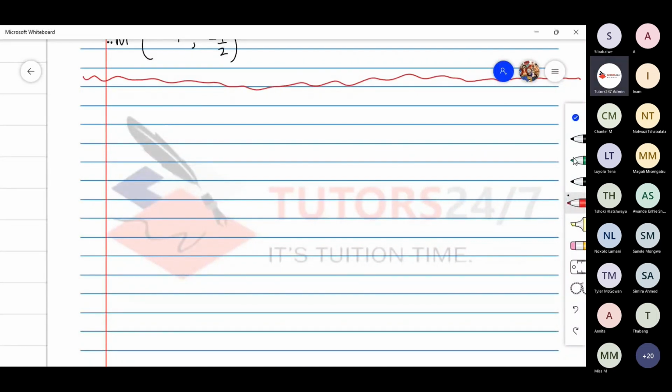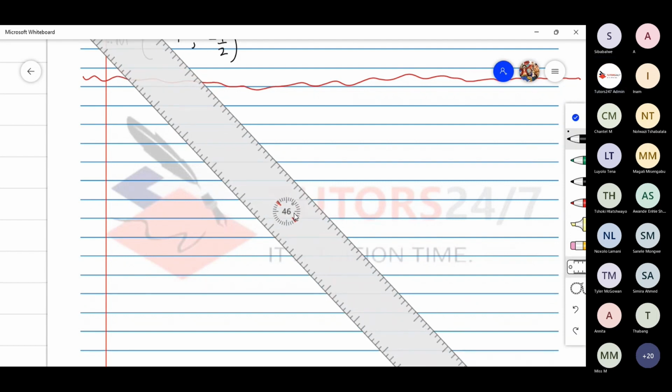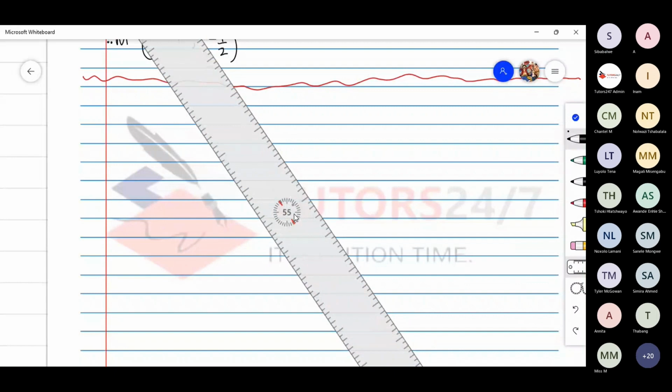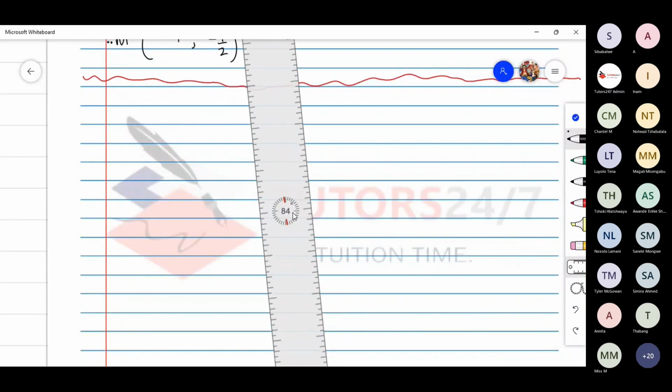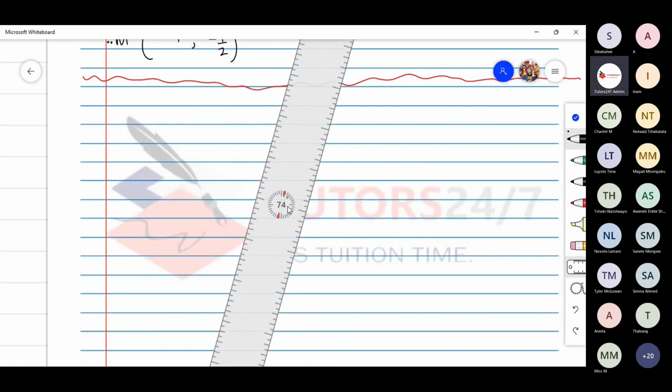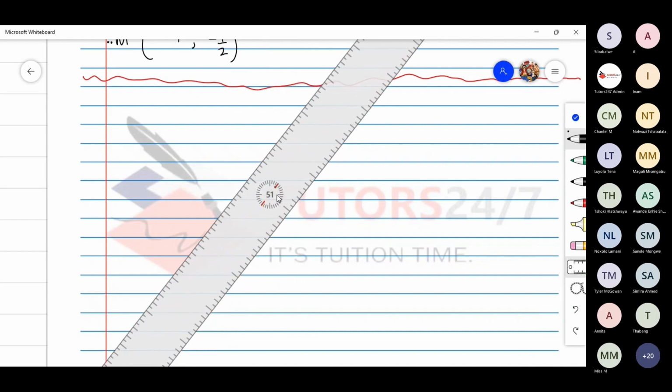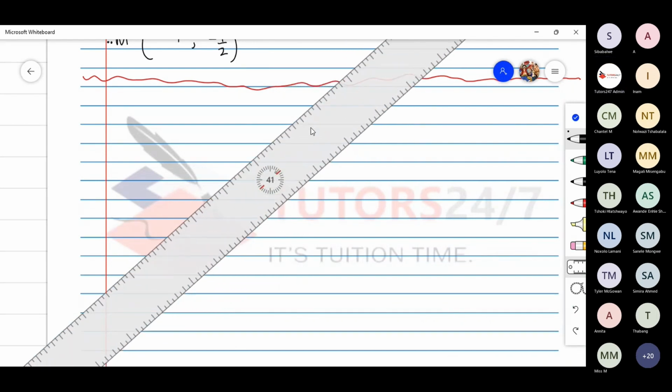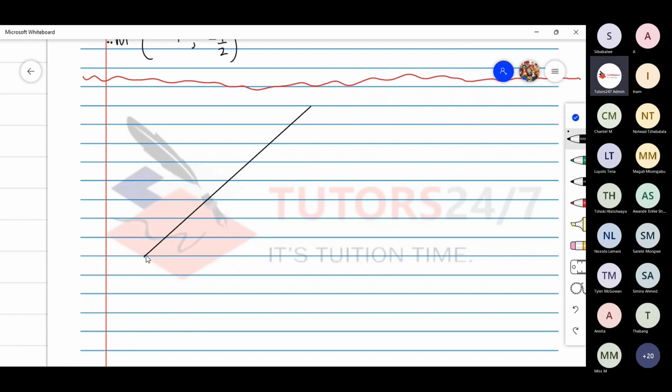So we have this line. This is our coordinate D. This is our coordinate M, which has -1 and -1/2.